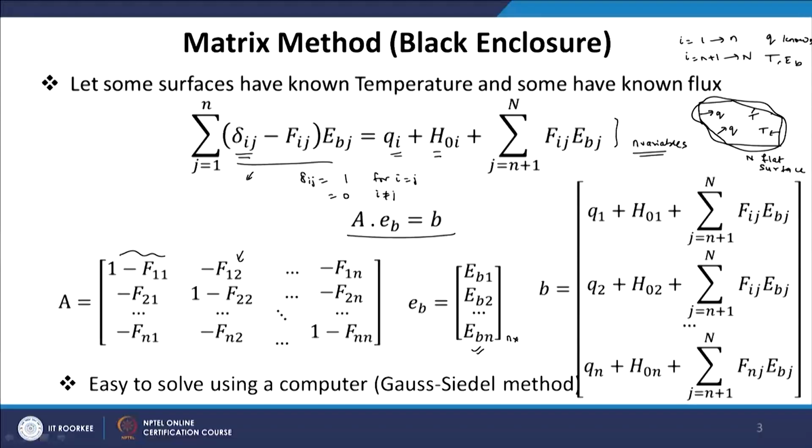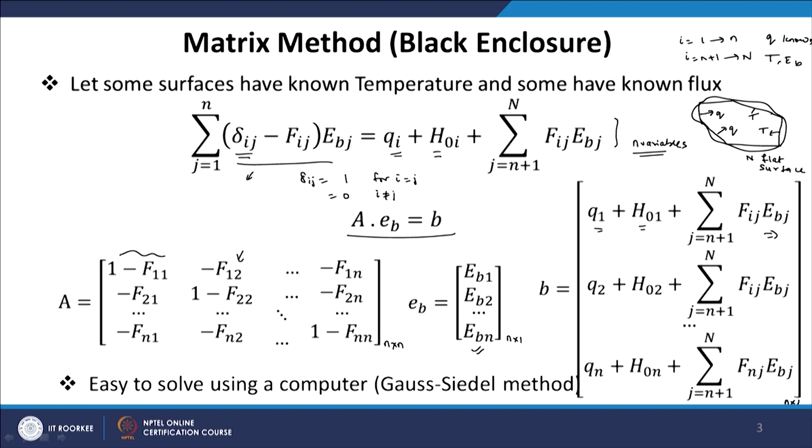So, this will have dimension of n cross 1, this will have dimension n cross n, and on the right hand side the vector b contains the known fluxes for the first n surfaces, external irradiation on the surfaces and irradiation from all other surfaces for which the temperature is known. Okay. This also has dimension n cross 1. Now, this is a system of linear equations which is very easy to solve.